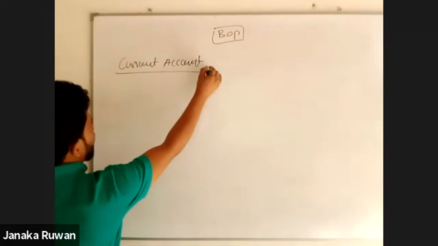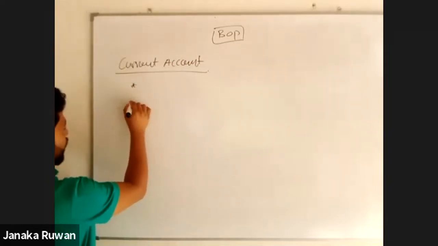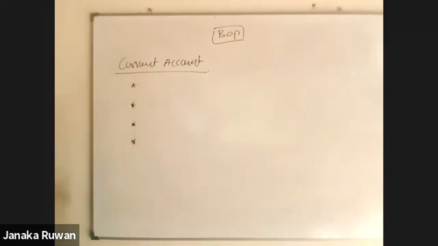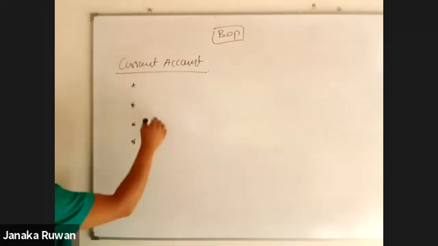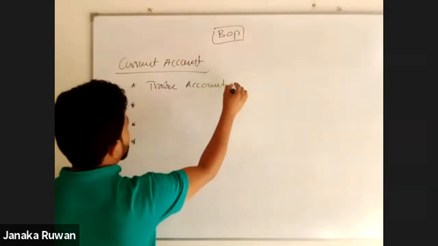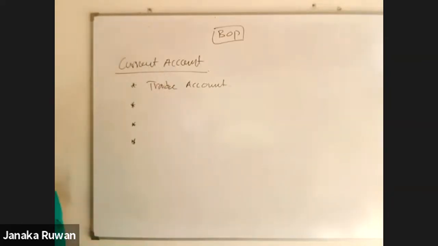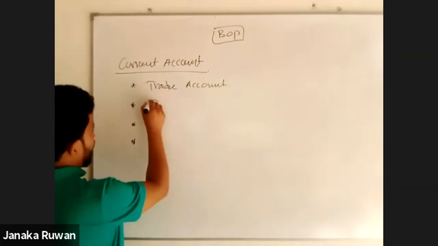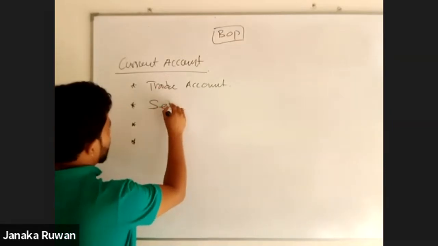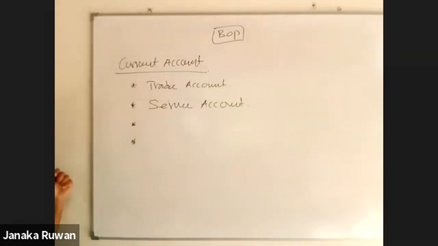What kind of transactions will be recorded in the current account? The current account can be divided into four parts. First is the trade account, covering trade between residents and non-residents. Second is the service account.